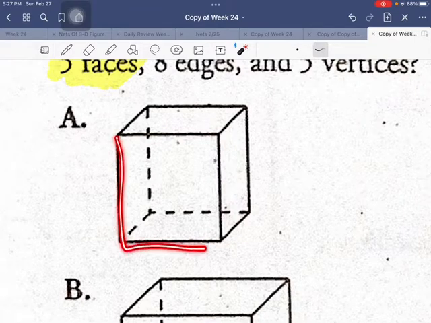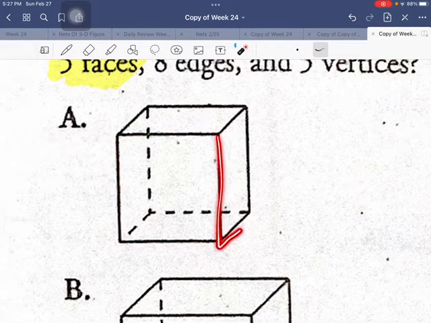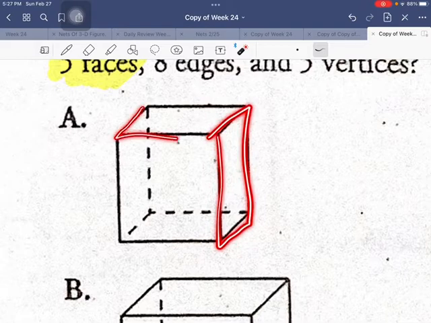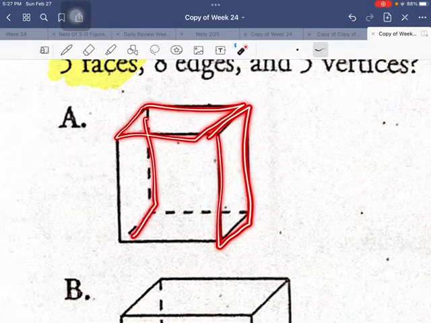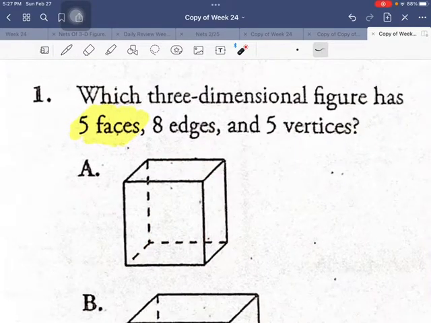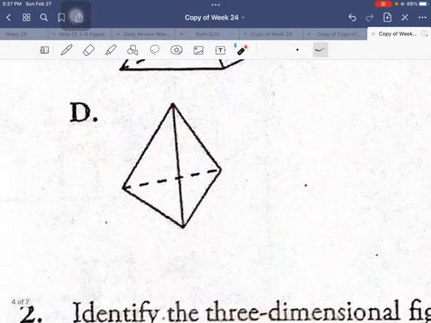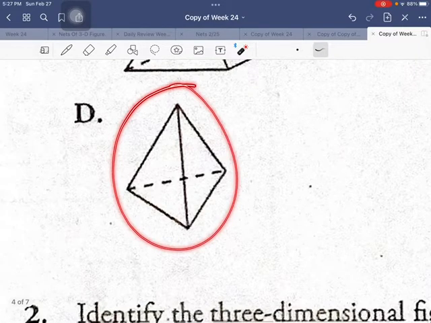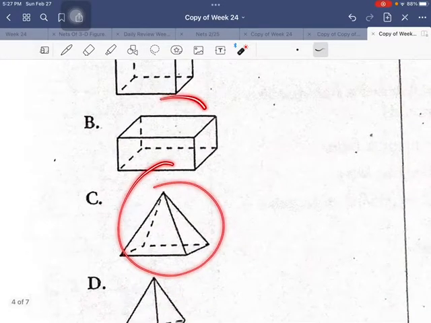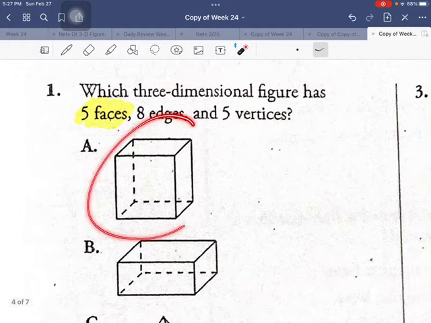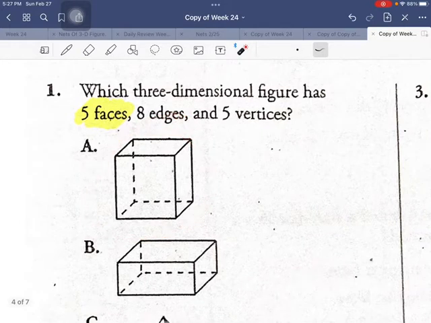This is a face. This is a face. This is another one. This is another one. So we're looking for 5 faces from one of these three-dimensional shapes, three-dimensional figures.